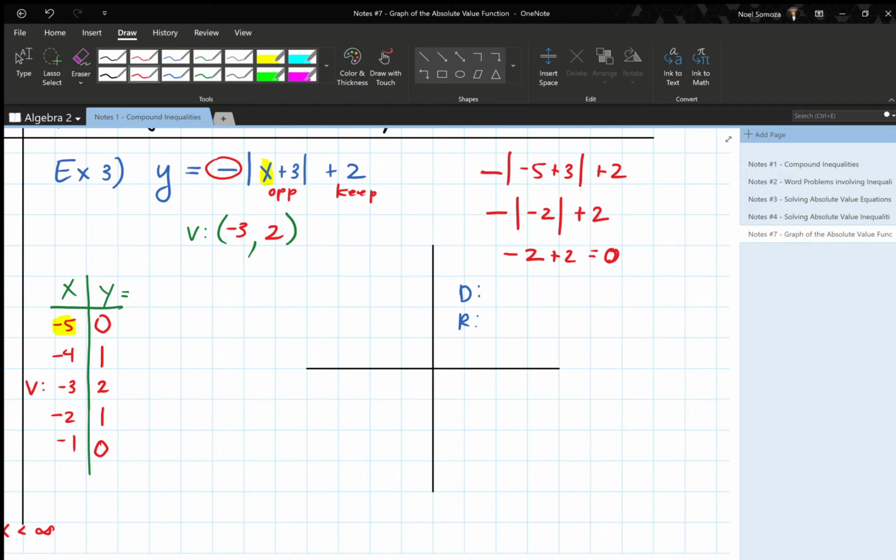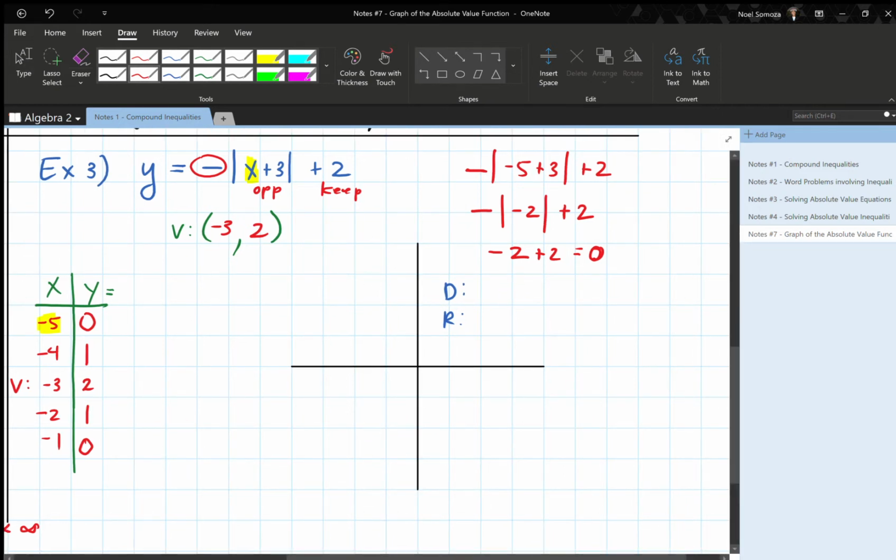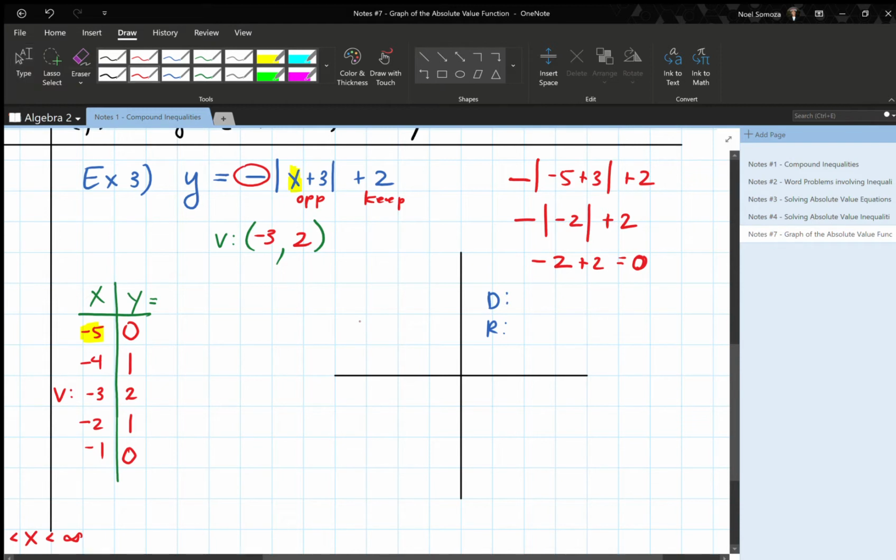Okay, all right. So let's go ahead and plot these points. Starting with the vertex, I go to -3 and then up 2. So I'm right here. Label my vertex. Okay. -4, 1. -5, 0. -2, 1.